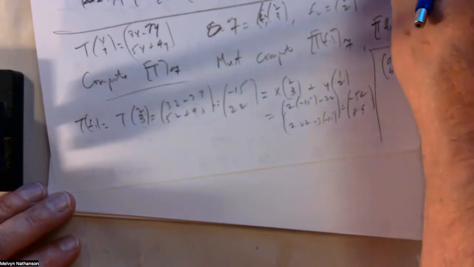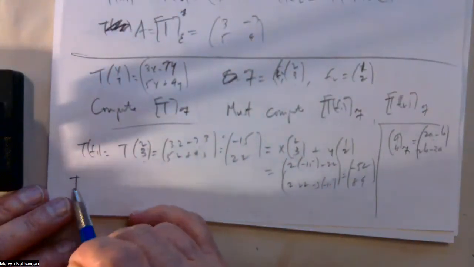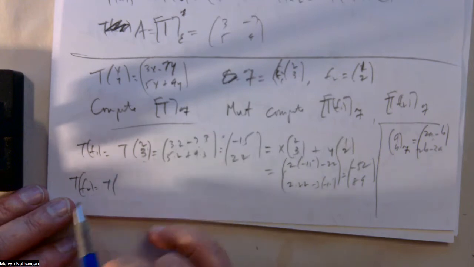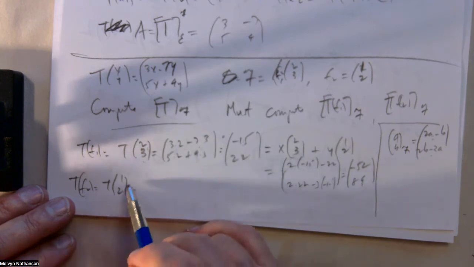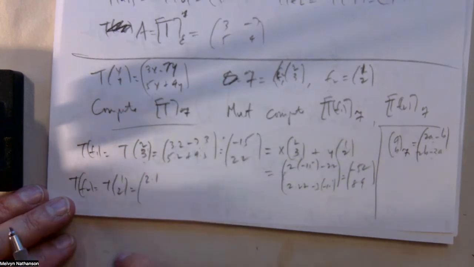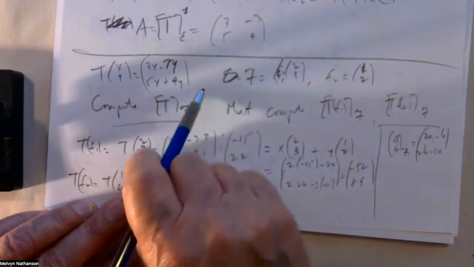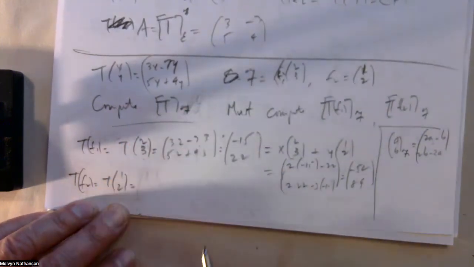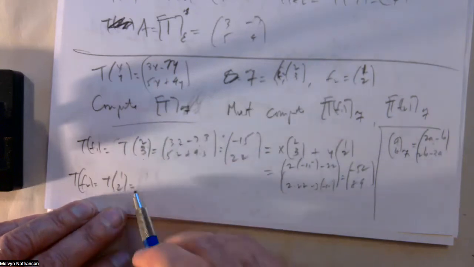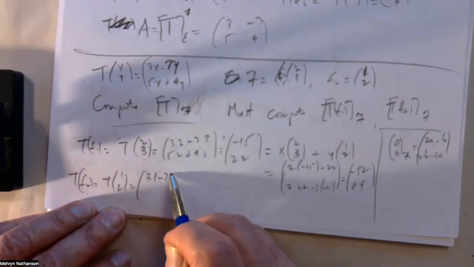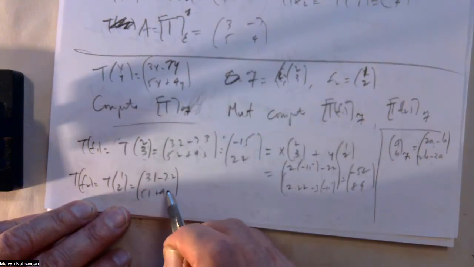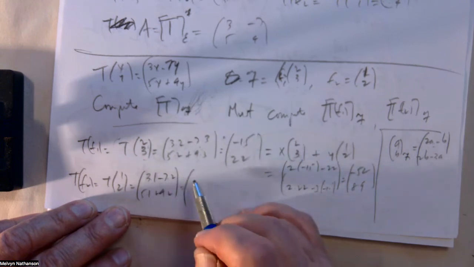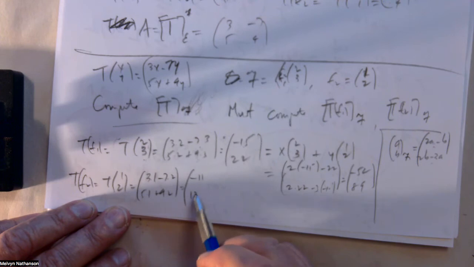And what is T of f2? T of f2, which is T of the vector (1, 2). What is T of (1, 2)? 3x minus 7y, that's 3 times 1 minus 7 times 2, 5x plus 4y, 5 times 1 plus 4 times 2. This is 3 minus 14 is minus 11. 5 plus 8 is 13.